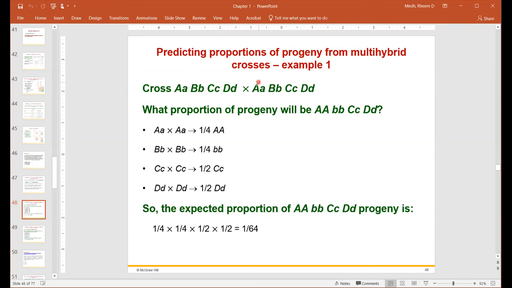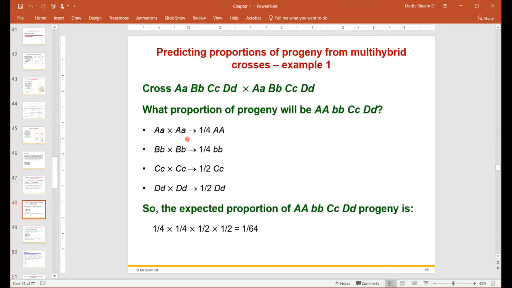So big A cross to big A, little a, you will get, what do you need? Big A. So, okay, I'm going to write. So big A, little a cross to big A, little a, and then you need the big A. So I'm going to write down the genotypes.